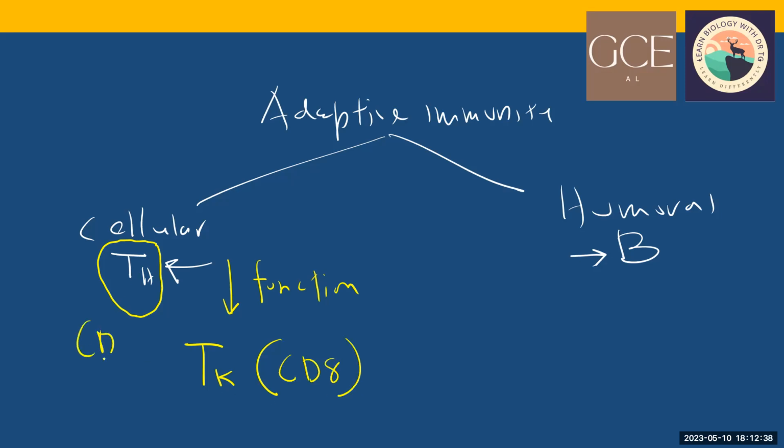T helper cells we usually refer to as CD4 cells, but there's no harm in remembering these names. So, T killer cell and T helper cell. Now the T killer cell can kill other cells. Why it kills the cell, how it kills the cell, and how it gets this ability, we're going to learn.